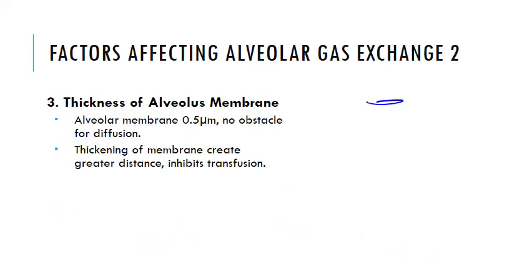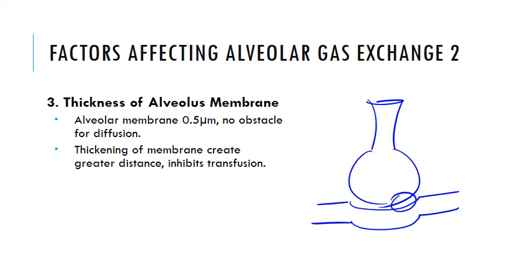Third, membrane thickness is going to affect how well gas diffuses into the blood. The baseline thickness of an alveolus is about 0.5 micrometers at best, and it really doesn't pose much of an obstacle for gases to diffuse in and out.